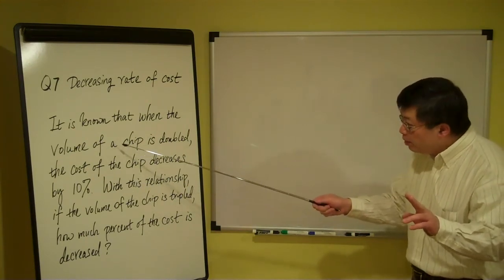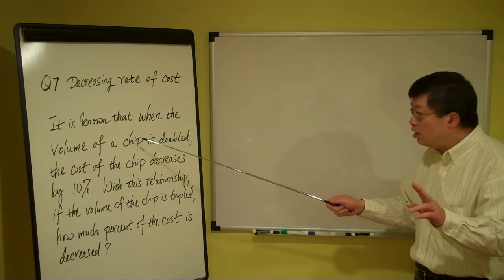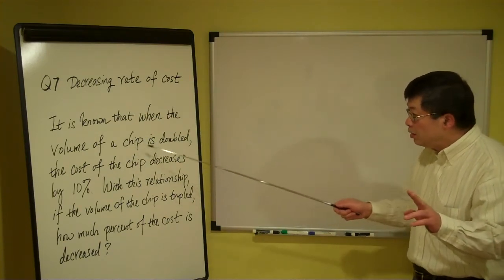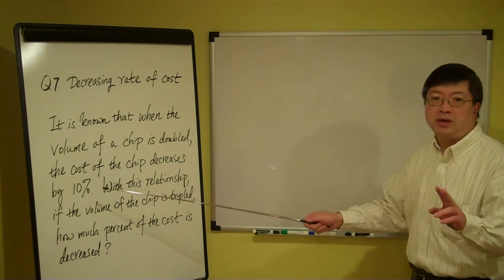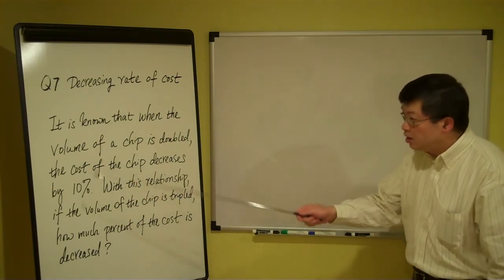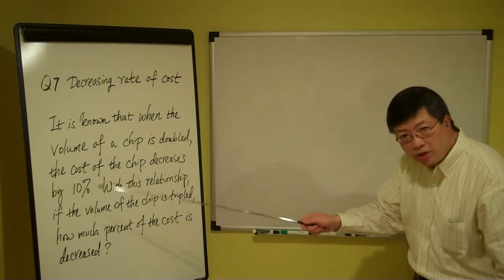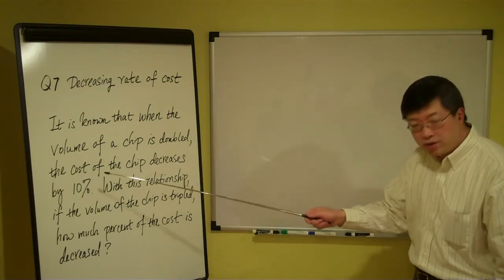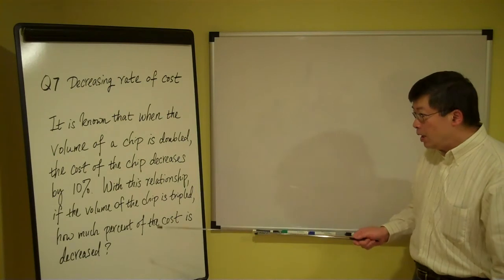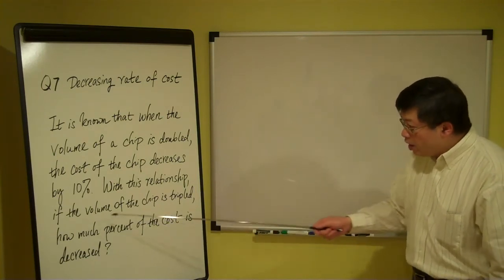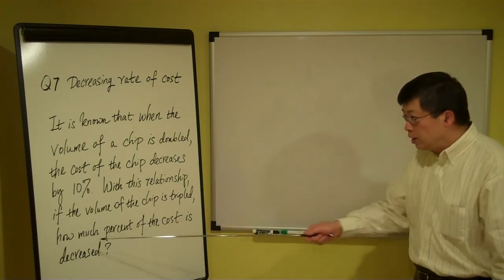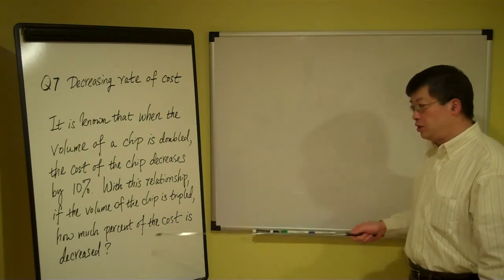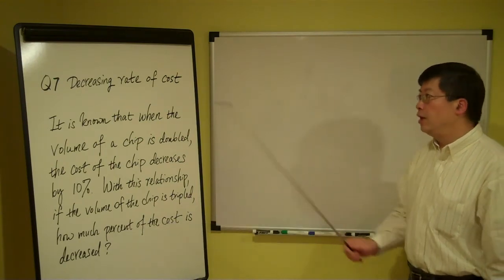Every time you double the production volume of this chip, the cost is decreased by 10%. So there is an assumption here. We will need to explore this later. Now the question: if the volume of the chip is tripled, how much percent of the cost is reduced?